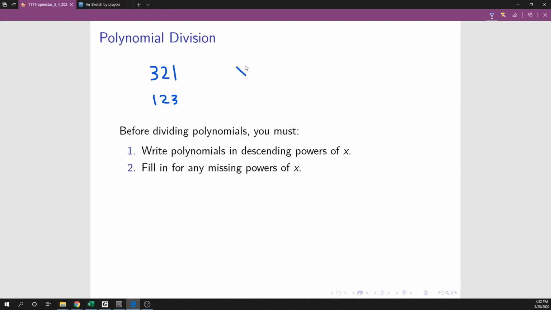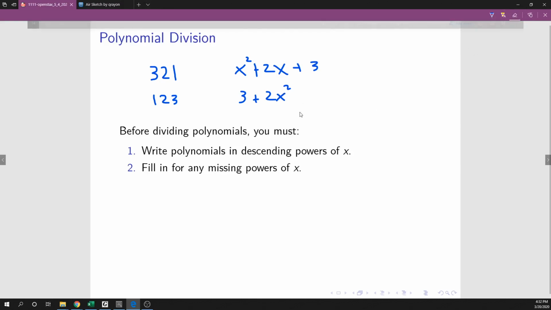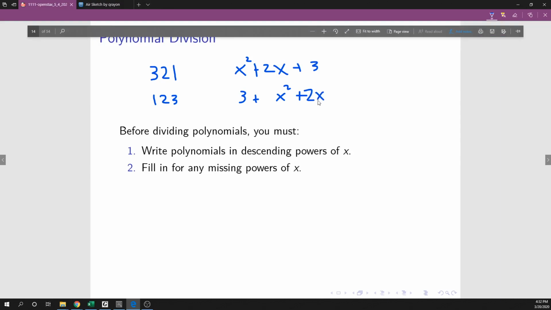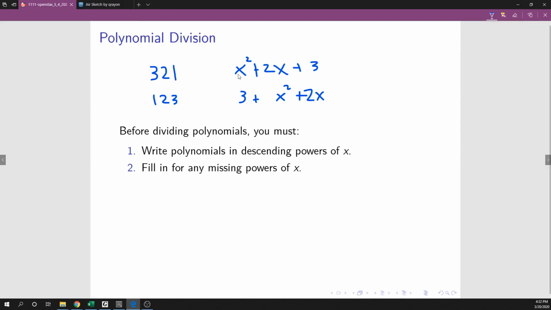But in algebra, I could have x squared plus 2x plus 3, and 3 plus 2x plus x squared. Those are two polynomials. These two are considered the same, even though it's 1, 2, 3 and 3, 2, 1, because the x and x squared kind of hold the place for us. We don't have that in regular numbers, so these numbers would be totally different.